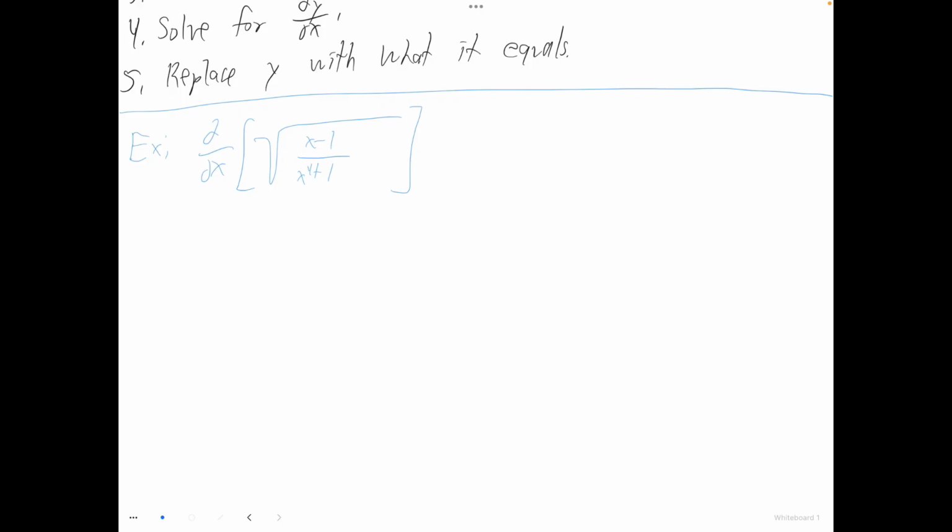So rather than actually computing this derivative, which we do know how to do with the chain rule and quotient rule, we're going to set y equal to the square root of x minus 1 over x to the fourth plus 1. And we're going to do an implicit derivative. So we're going to take a log derivative. So we're going to take the natural log of both sides.